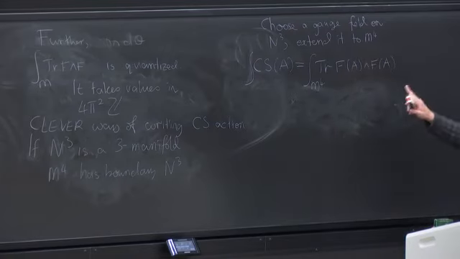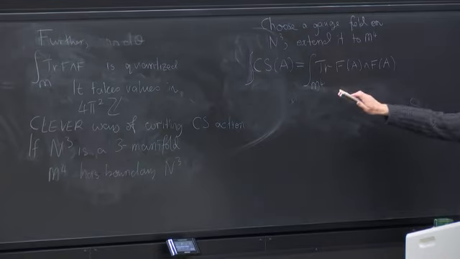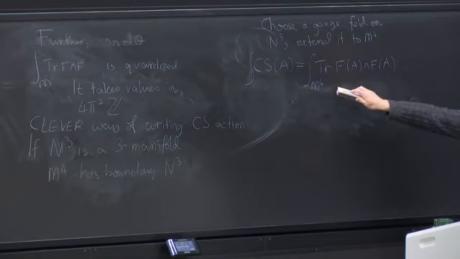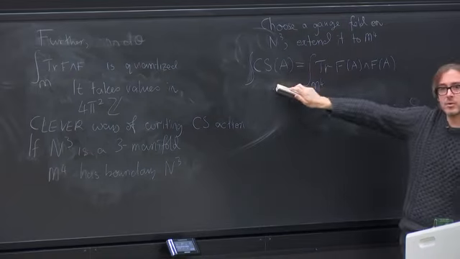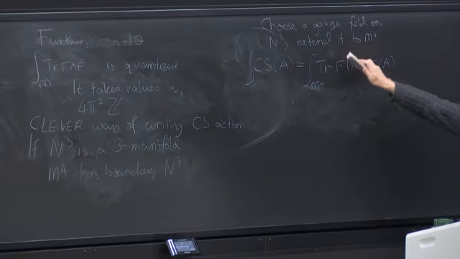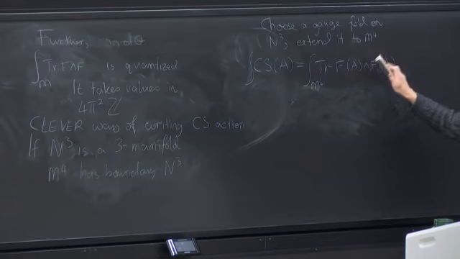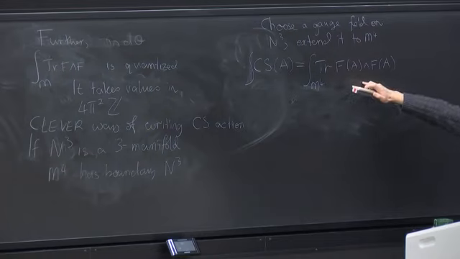This seems a little weird because it's not a priori the integral of some Lagrangian over the 3-manifold. And you might worry about how it depends on this choice. But then there's this fun fact. Because for a closed manifold, this expression is quantized, the action functional does not depend on this choice.